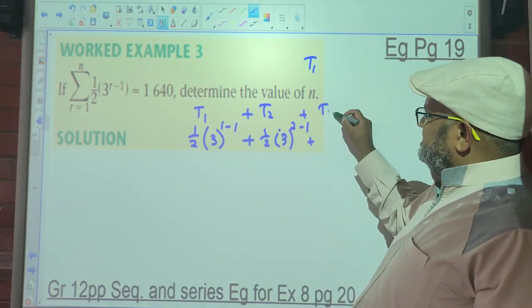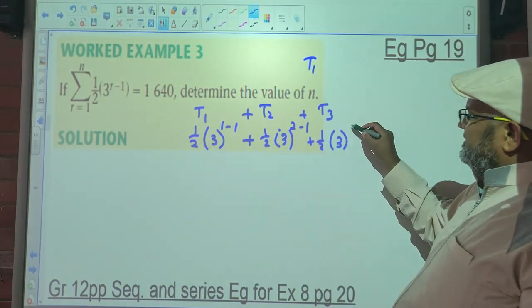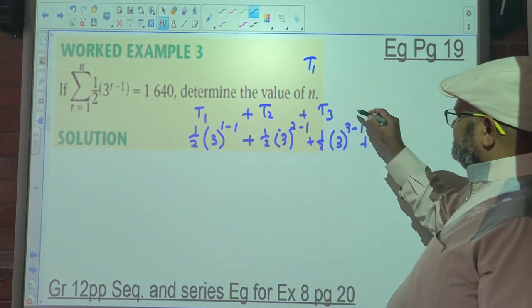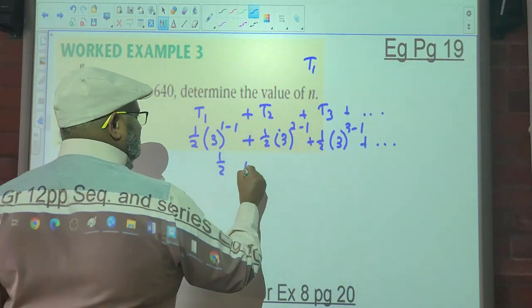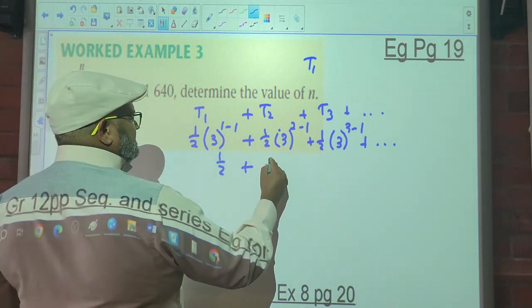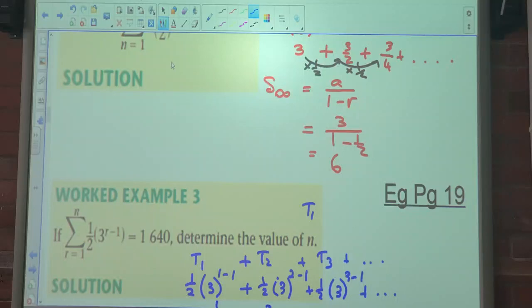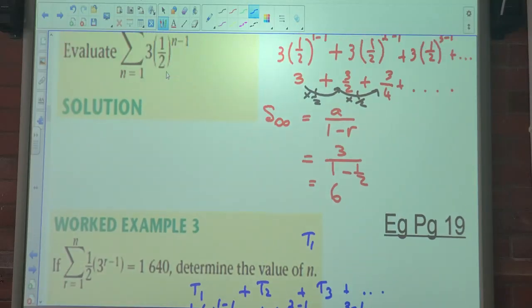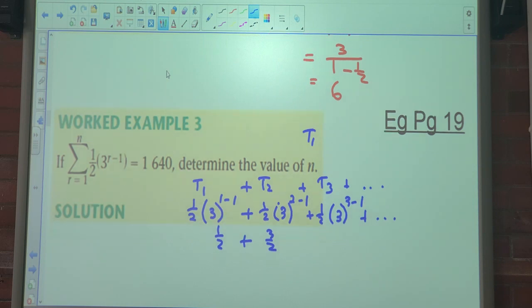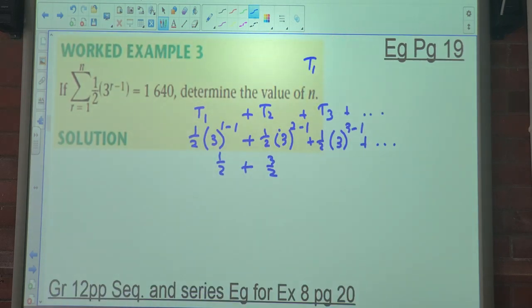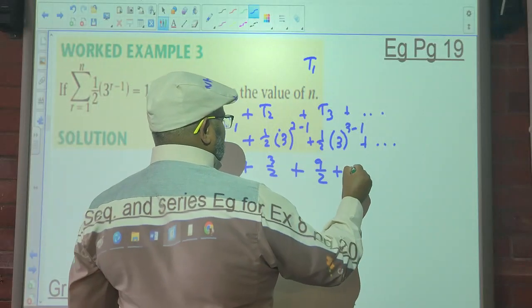Term 3: half into 3 to the 3 minus 1, and so on. So this would simply be a half. Isn't it the same as the previous one? No, it's not. It looks similar. Okay, plus. The next one is going to be 9 over 2 plus and so on.